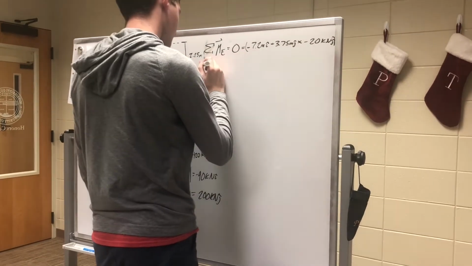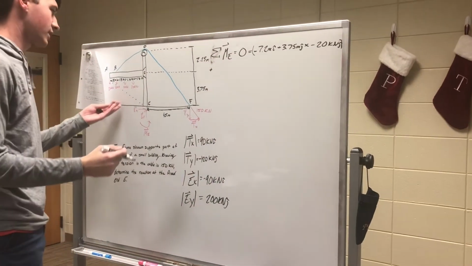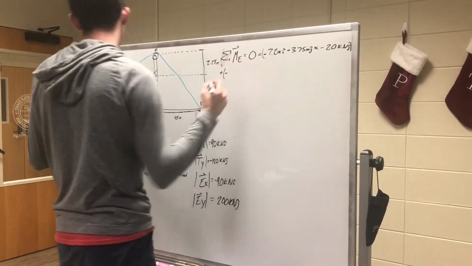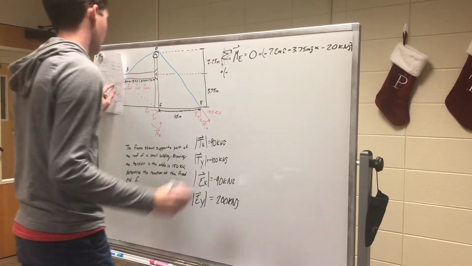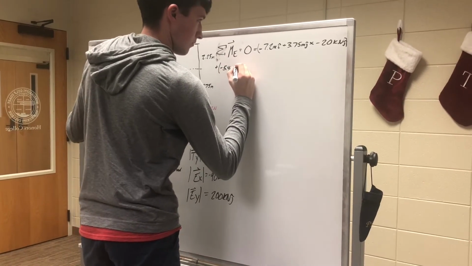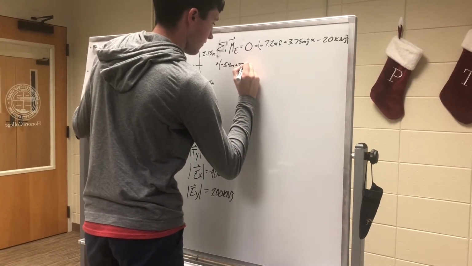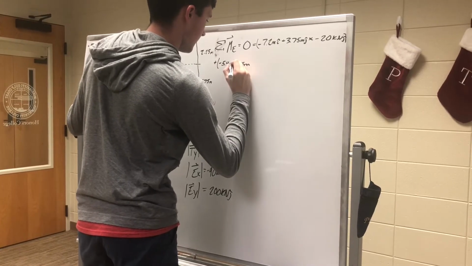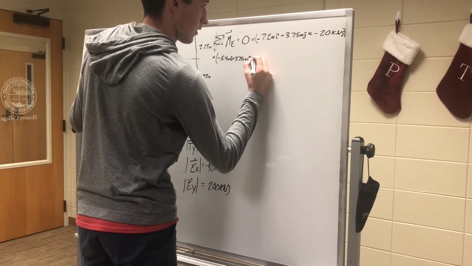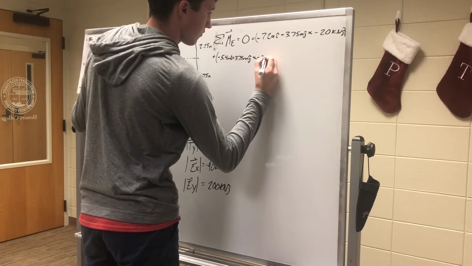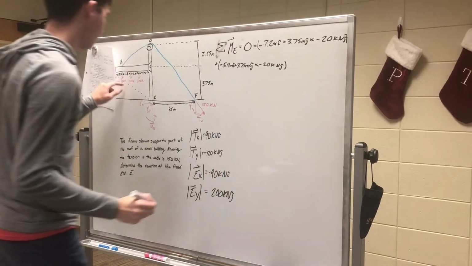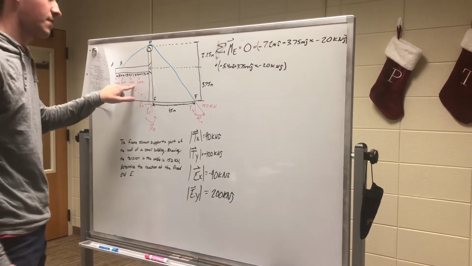Now we're going to add the rest of these forces using the same methods. So that's going to be negative 5.4 meters I hat plus 3.75 meters j hat. We're going to cross that with another negative 20 kilonewtons j hat for this force here. We're going to do the same here and here.